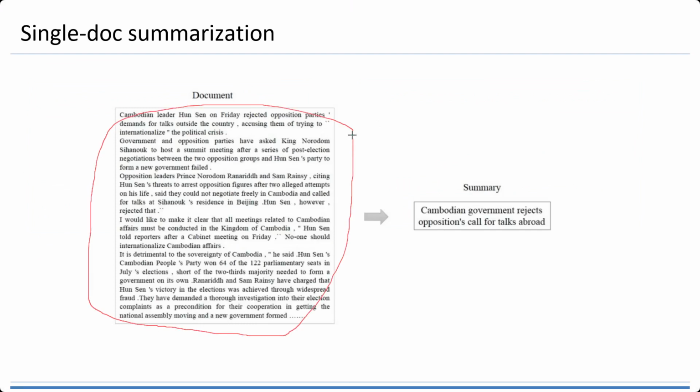If you read English, you may have some difficulty reading all those details, or maybe you are busy with other things. You cannot read everything. Once you do the summarization, we can have only the summary and read that. Okay, this is related to the Cambodian government rejecting the opposition's call for talks abroad. We don't need to read all those details, but we know that this document is related to this topic.